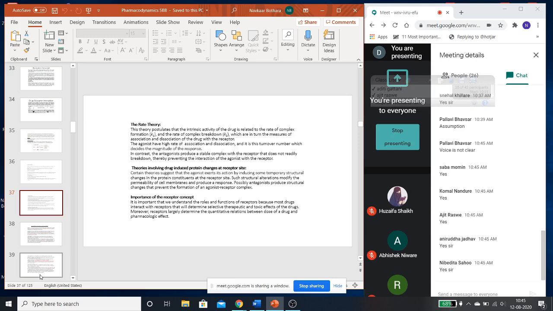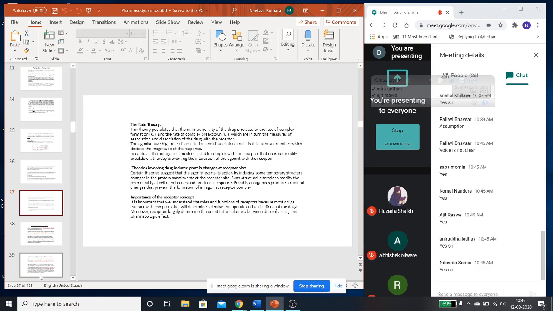Now, therefore we need to study receptors, because they determine the quantitative relationship between the dose of the drug and the pharmacological response, which we call dose response. More is the dose, more is the response. But that response depends on two properties: the potency and the efficacy of the drug.